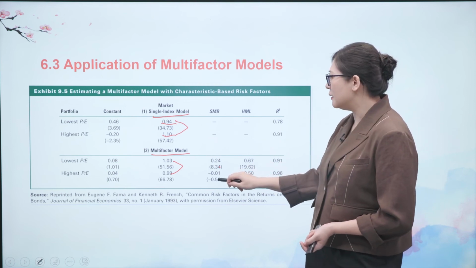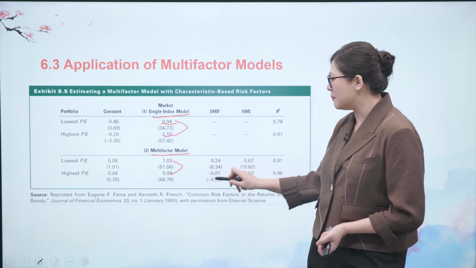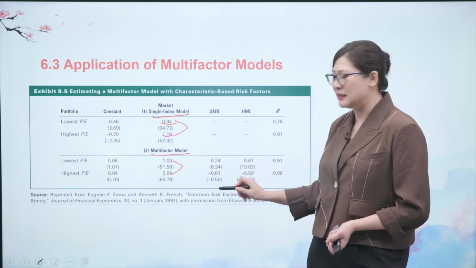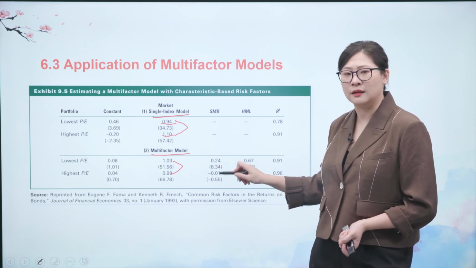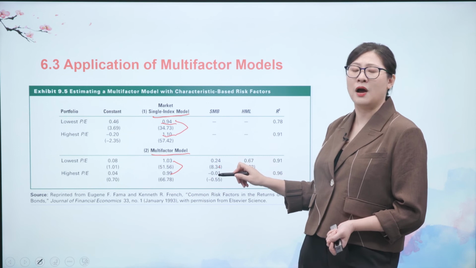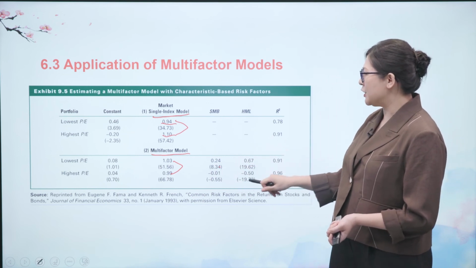And for the highest PE ratio group, this coefficient is minus 0.01, but it's not significantly different from 0. So it's the opposite result. However, it's not significant.